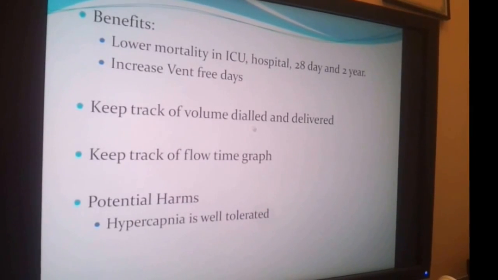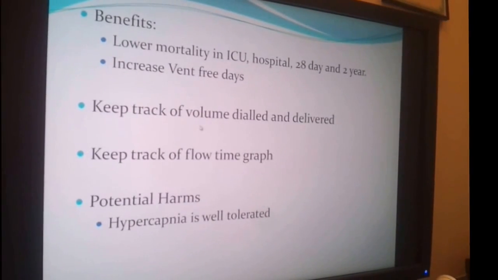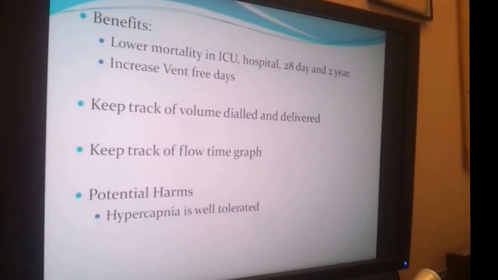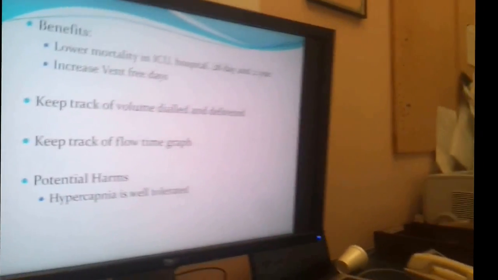Keep track of the volume dialed and delivered. This is just advice that you should keep track, that if you have dialed a volume of 500 but only 450 is going in, that might mean that something inside the lung has changed, and that is why the volume is not reaching what you intend to give.